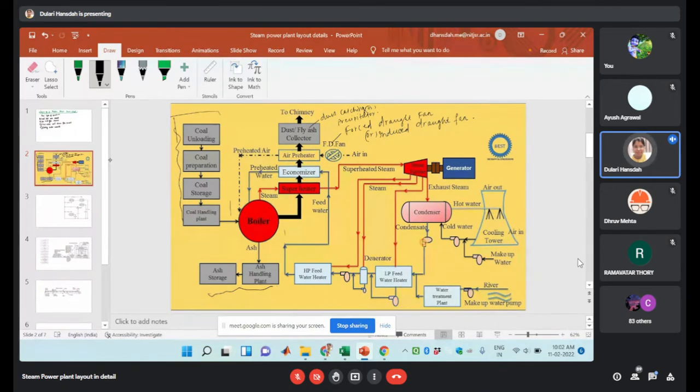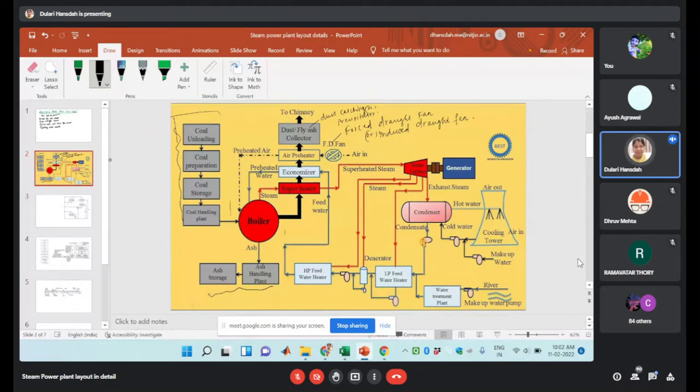Boiler means, in this case, we are going to discuss the different types of boilers, and then the other components are your superheater and reheater we are using, right? Then economizer and air preheater, and your steam turbine, generator, condenser, cooling tower.